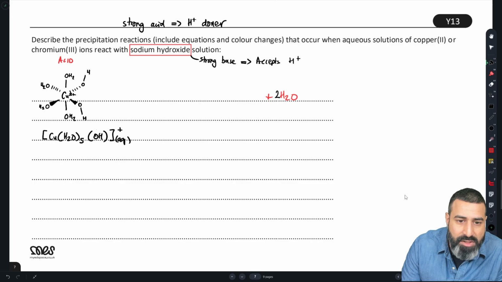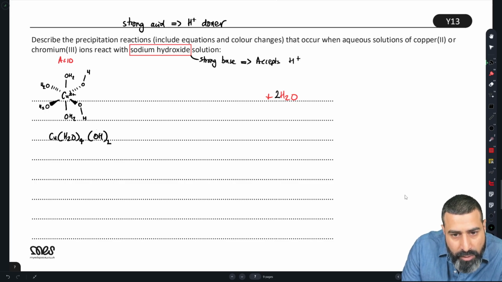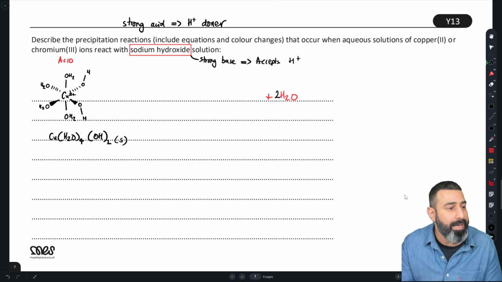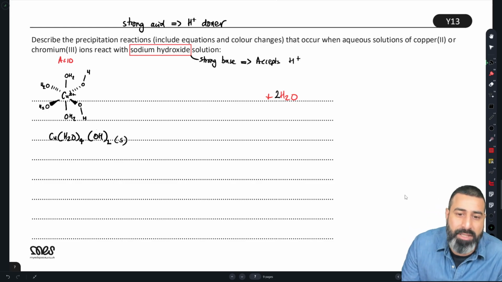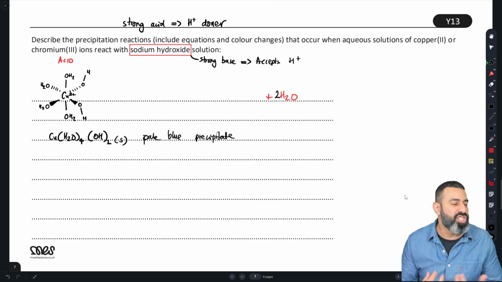So I'm going to change this. So this becomes [Cu(H2O)4(OH)2], and we don't have a charge on this anymore. So this is actually neutral, and it is a solid, and this is actually a pale blue precipitate, and it's a gelatinous solid.